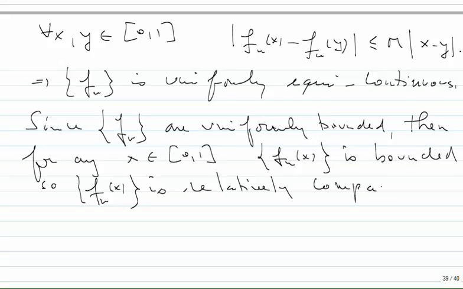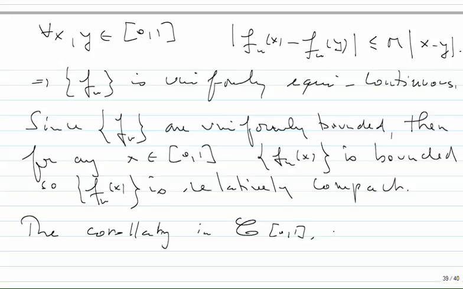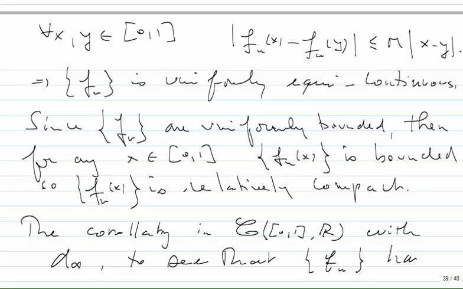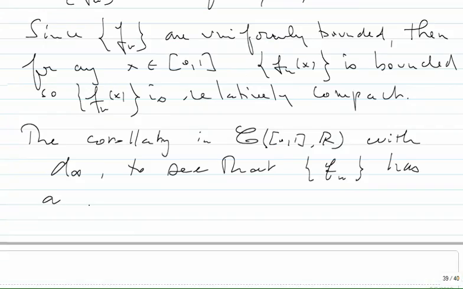So now we can use the corollary, because [0, 1] is compact, in C([0, 1], R) with the uniform distance, with d_infinity, to see that F_n has a convergent subsequence.